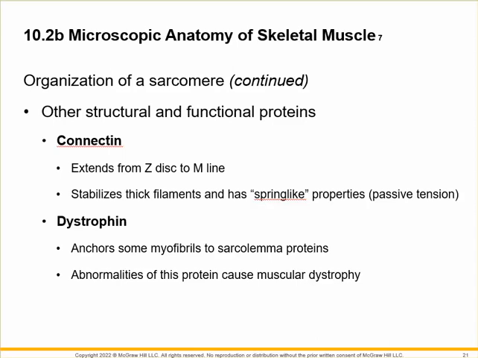The myofibrils, when you think about it, are creating a force, but they have to pull on something. You can't play tug of war without a rope, and the dystrophin is the rope that anchors to the cell membrane, which then anchors to the connective tissue, the endomysium and the perimysium and the epimysium that we talked about before.